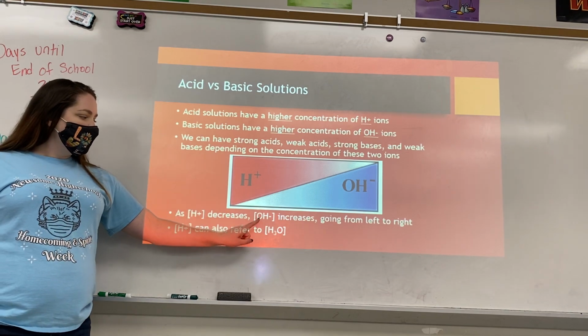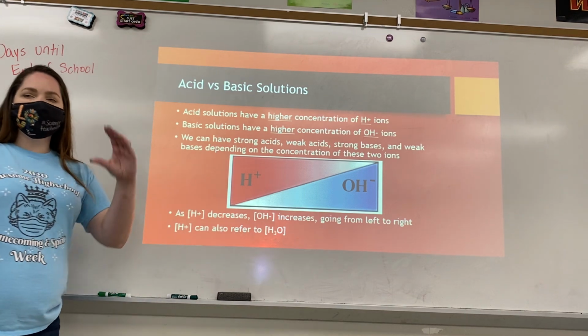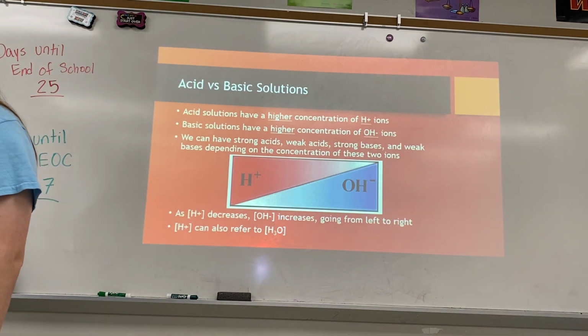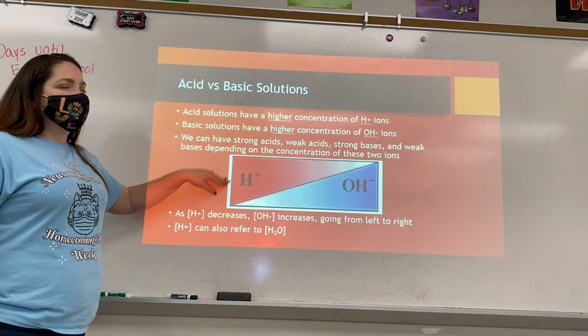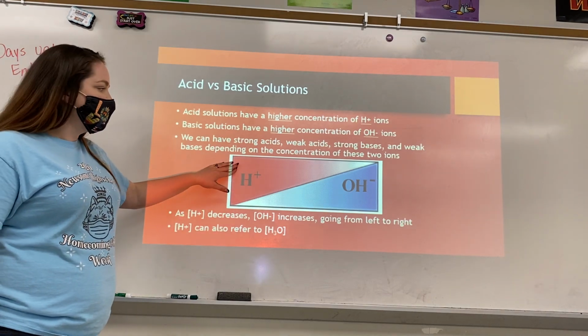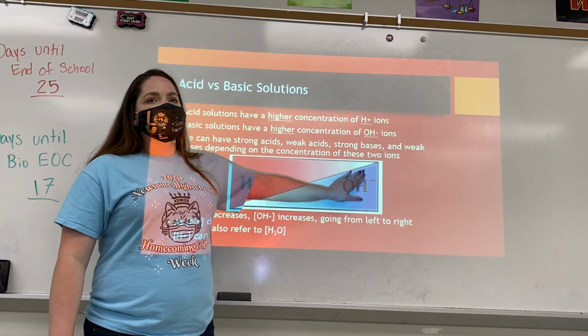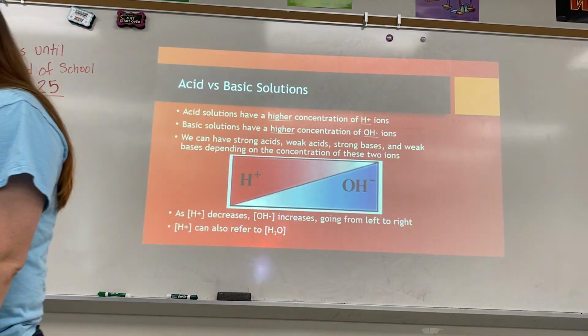This is saying concentration of OH minus. So the brackets just mean concentration of. Okay? So over here you have a high concentration of H plus and a low concentration of OH minus. Over here you have a high concentration of OH minus and a low concentration of H plus.